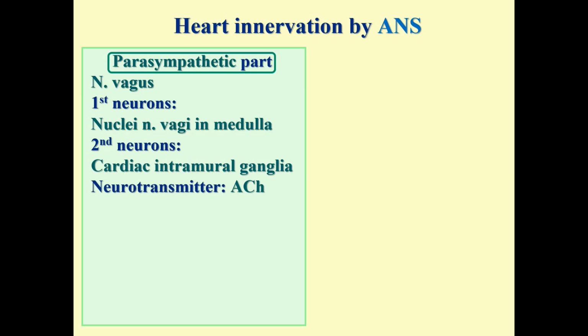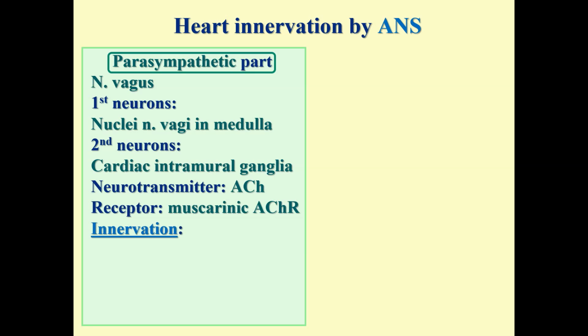The neurotransmitter released from the ends of the nervus vagus is acetylcholine. Actually, it's released even from preganglionic fibers as well. But the final one is acetylcholine, and it binds to the muscarinic cholinergic receptors. Only peripheral receptors are muscarinic, while in ganglia the receptors are nicotinic. But we are interested now in the final effect, which is done through muscarinic receptors.